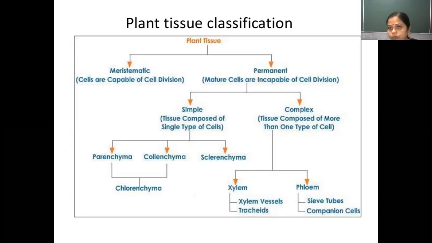Meristematic tissue. The cells of the meristematic tissue will grow, undergo maturation, and lose the capacity to divide. They will lose the capacity of cell division, and then become the next type of tissue called Permanent tissue. What is the definition for permanent tissue here?